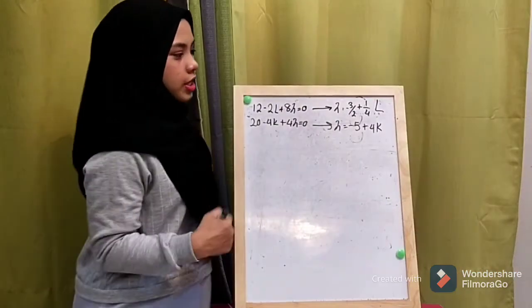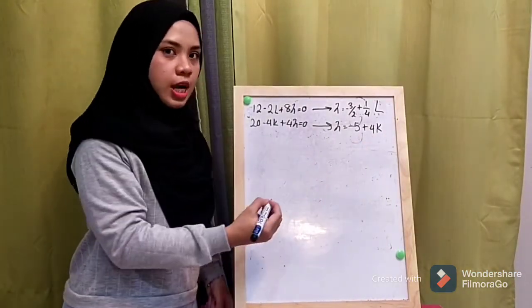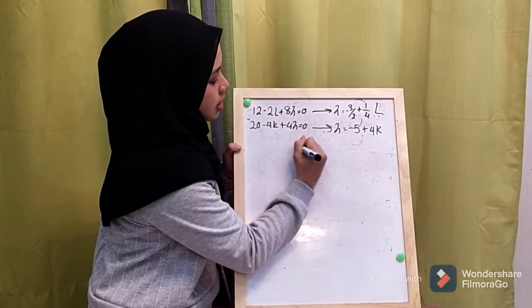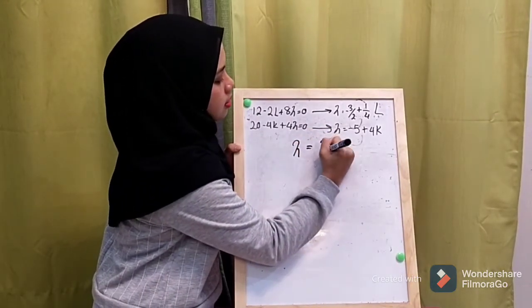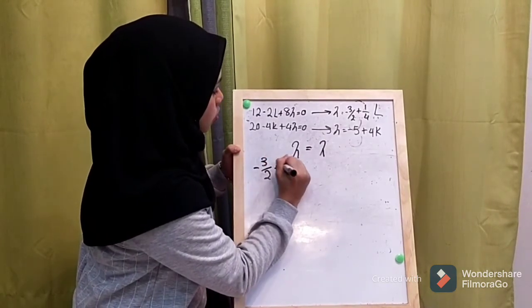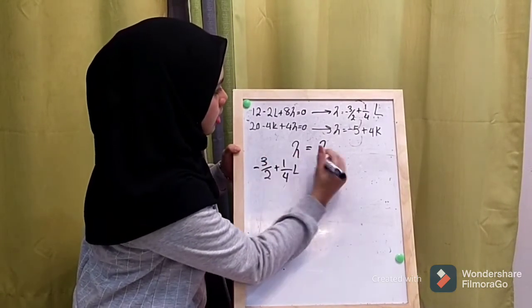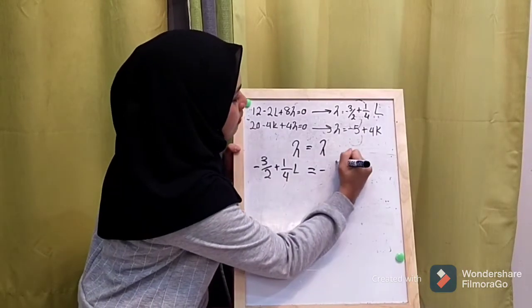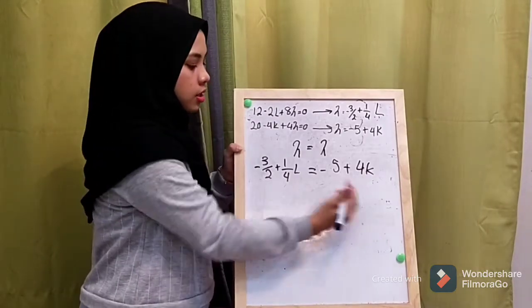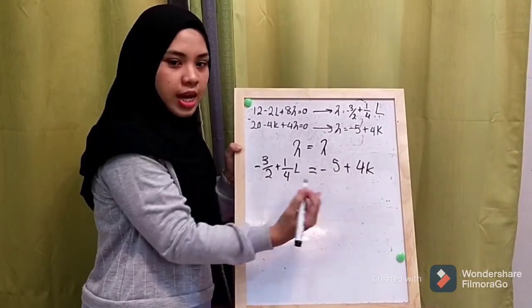So here's the equation that we're solving just now. By setting lambda equal to lambda, we're going to put it like this: negative 3 over 2 plus 1 over 4L equals negative 5 plus 4K. I'm going to solve this first.